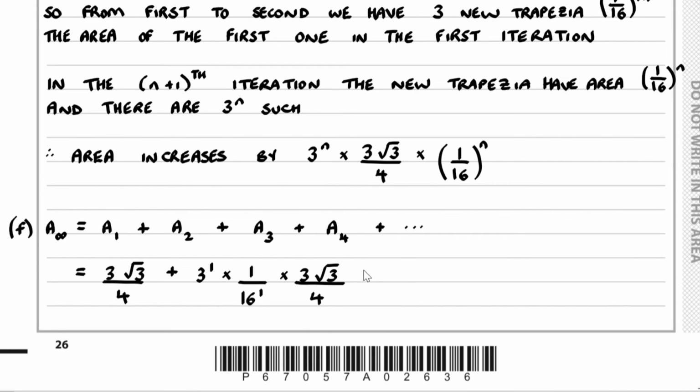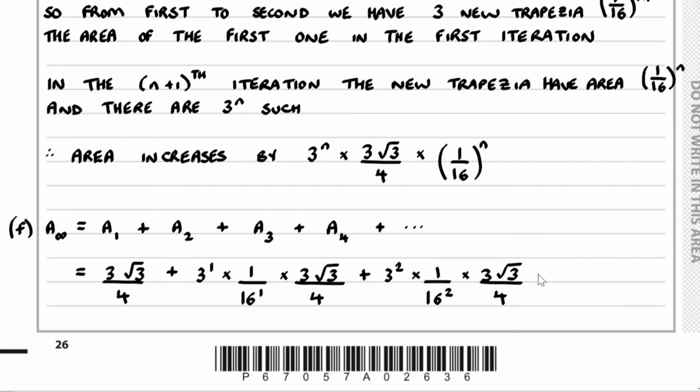And then a3, we're going to times this result by another 3 to the 1 times 1/16 to the 1. So in other words, it's the same as multiplying this by 3 squared times 1/16 squared, and then I multiply this by 3√3/4.